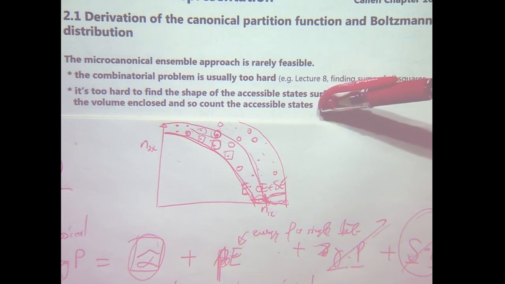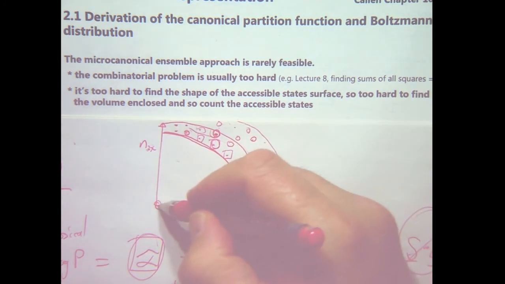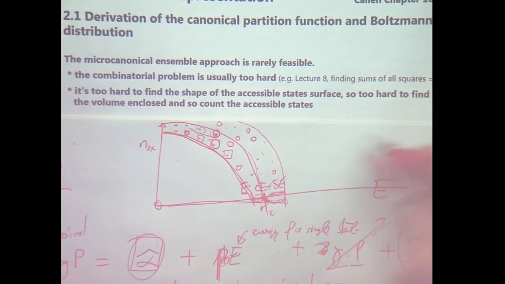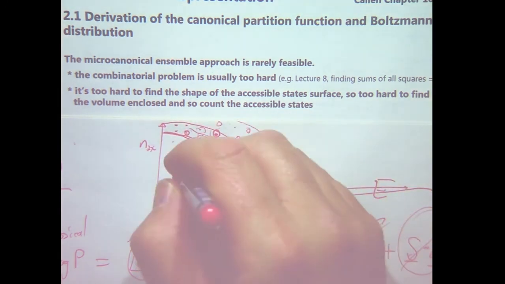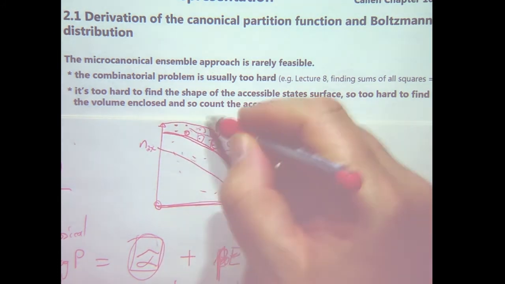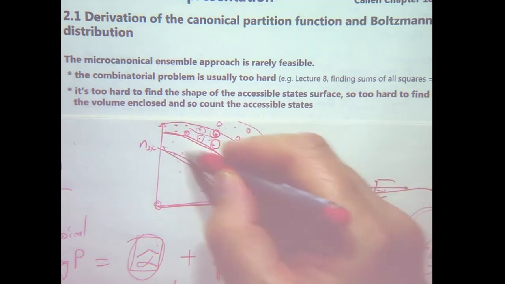Why would we not have to? Because the energy would then be from 0 to infinity. Okay, that makes sense. So we just have energy from 0 to infinity, and you'd have a different distribution. For this energy band, you'd have some distribution. For this energy band, you'd have some other distribution, and so on.